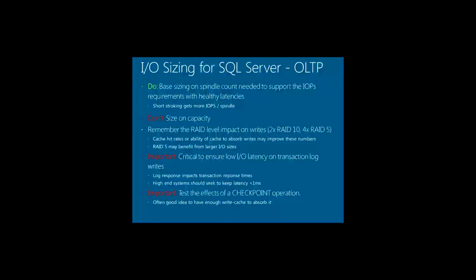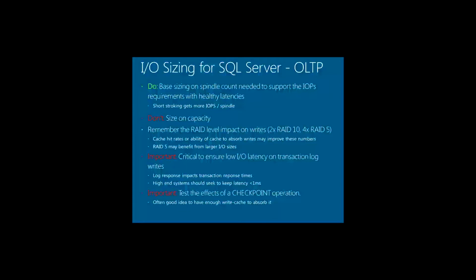But for whatever class of storage you're using, each unit will deliver some number of IOs per second. If you understand, either through observation of your current server or calculation based on your proposed workload, how many IOs per second your database is going to require, you can calculate how many units you're going to need to deliver that number of IOs per second.